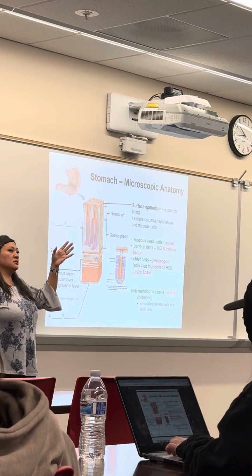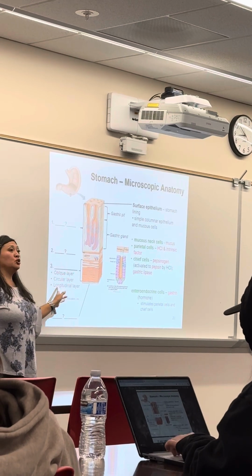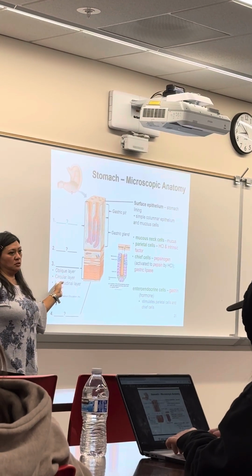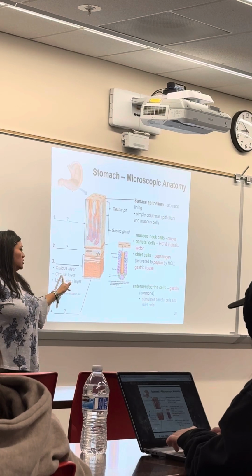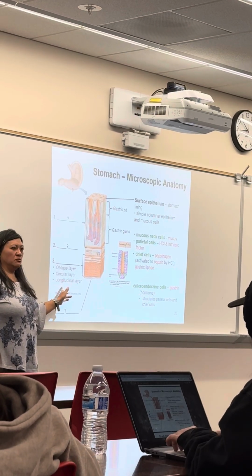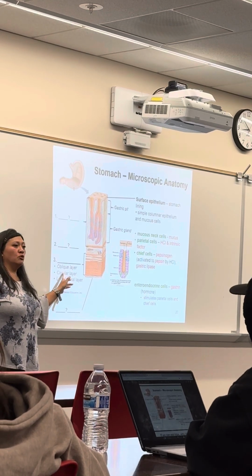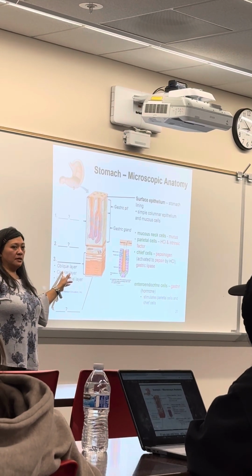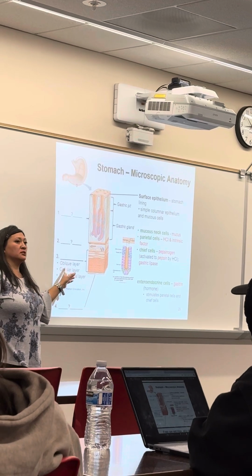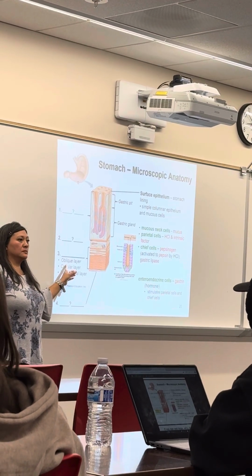Most places of the alimentary canal, we have 2 sheets of smooth muscle in a circular arrangement and a longitudinal arrangement. In the stomach, we have a 3rd arrangement, and that's called the oblique layer, because of the amount of mixing that the stomach has to do.